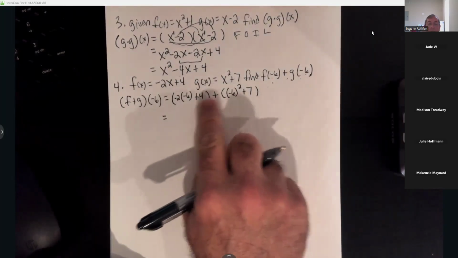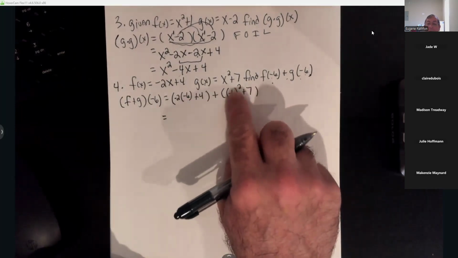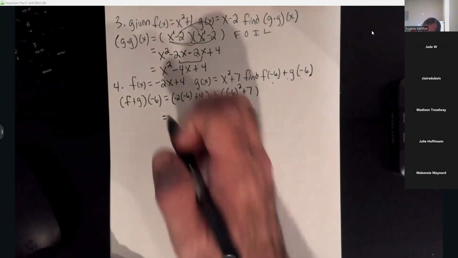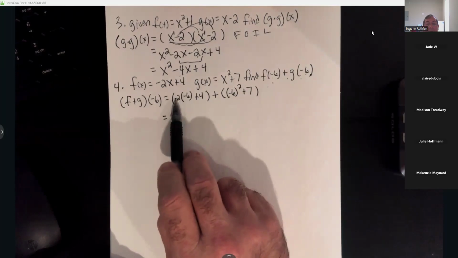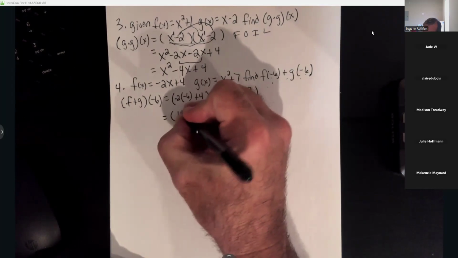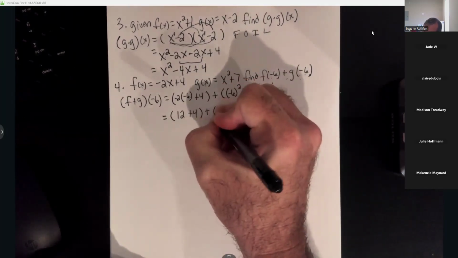So order of operations, I'm going to work inside the first parentheses and work inside the second one. So the first thing I would do in the first parentheses is multiply before I add. So I got a negative 2 times negative 6 will give me a positive 12 plus my 4.